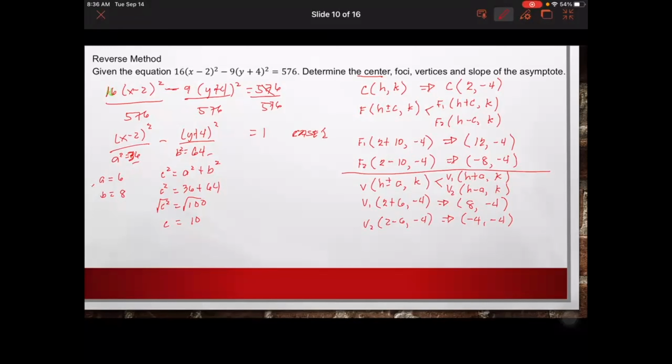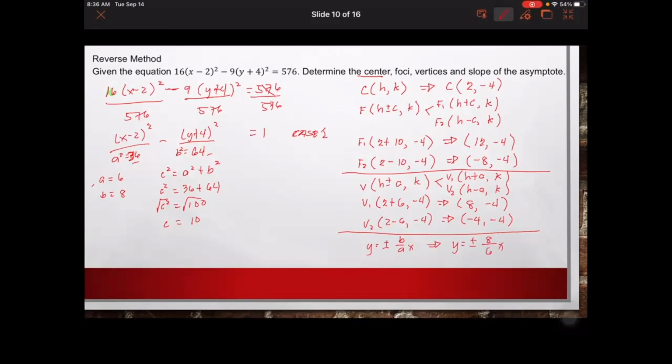Let's go now with the asymptote. For the asymptote, meron tayo dito y is equal to positive and negative. Since case 1 ito, gagamitin natin is b over a x. So, this will be y equals positive and negative. Our b is 8 over a, which is 6.